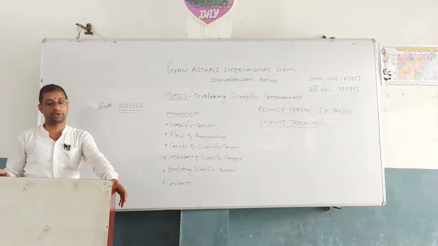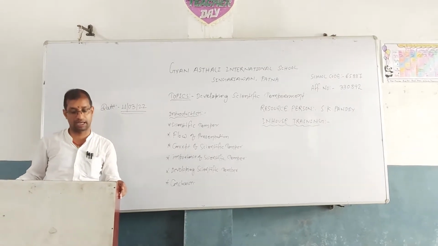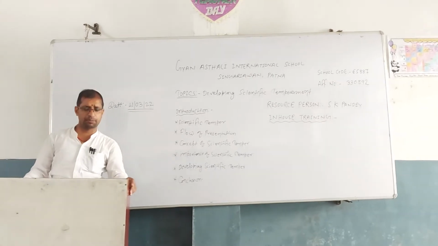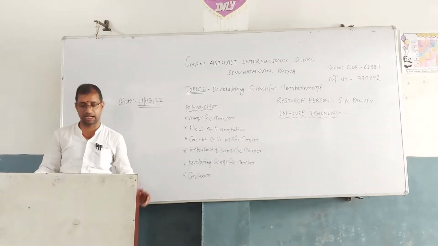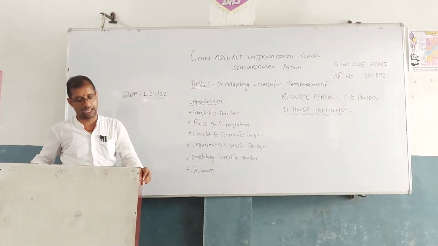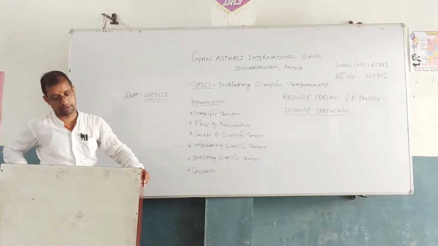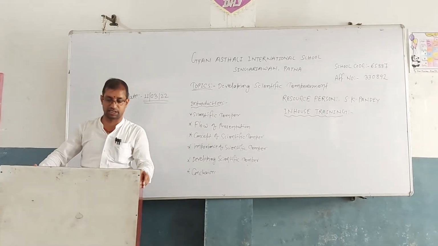The scientific temper, a term coined by Nehru in The Discovery of India, means a scientific attitude of questioning and being open to question. That means evidence-based reasoning, not accepting received wisdom without justification.